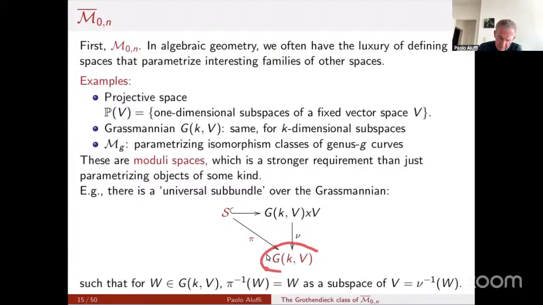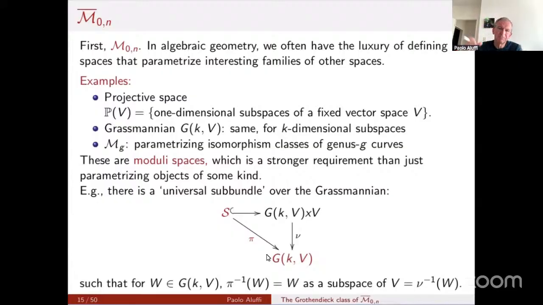The Grassmannian parameterizes subspaces. Give me a point of the Grassmannian. That should be a subspace. Make that the fiber of this bundle. So you can create a bundle whose fibers are precisely the spaces corresponding to the points down here. This is called the universal subbundle. It's doing a universal job, right? Universal in the categorical sense.